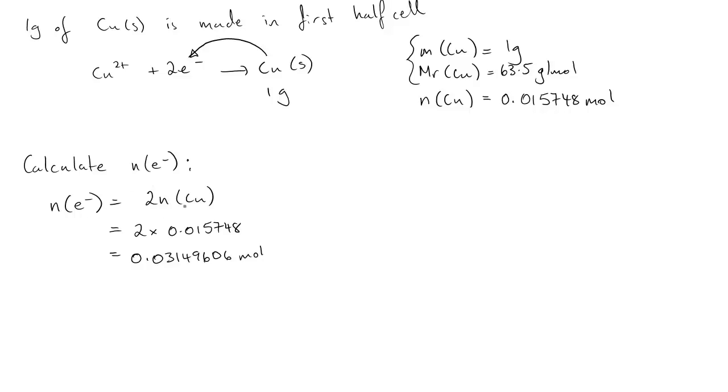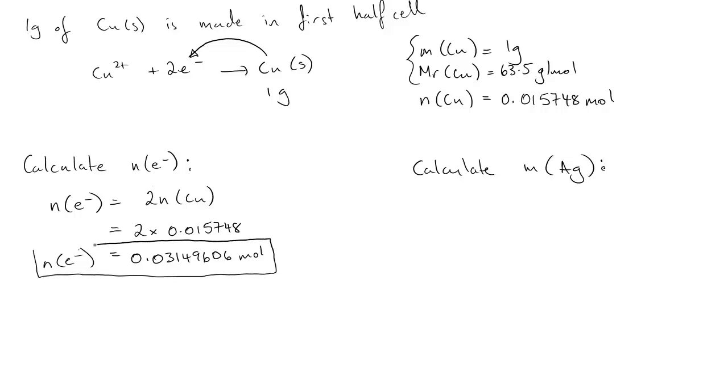Once we have the mole of electrons, we can calculate the mass of silver deposited. The reason is that this mole of electrons is the Faradays passing through the entire system.